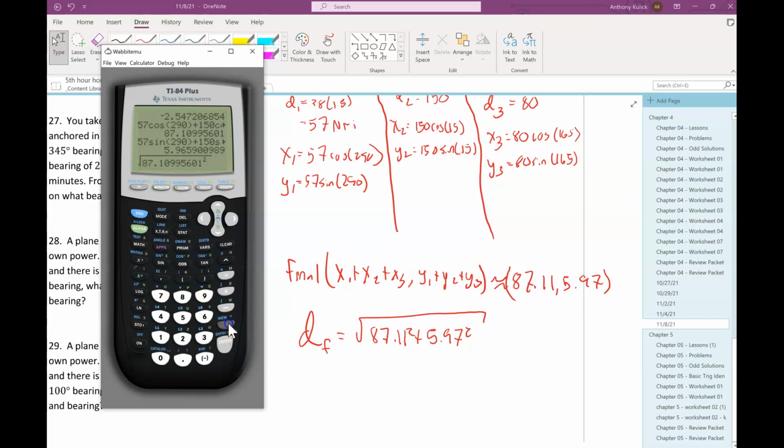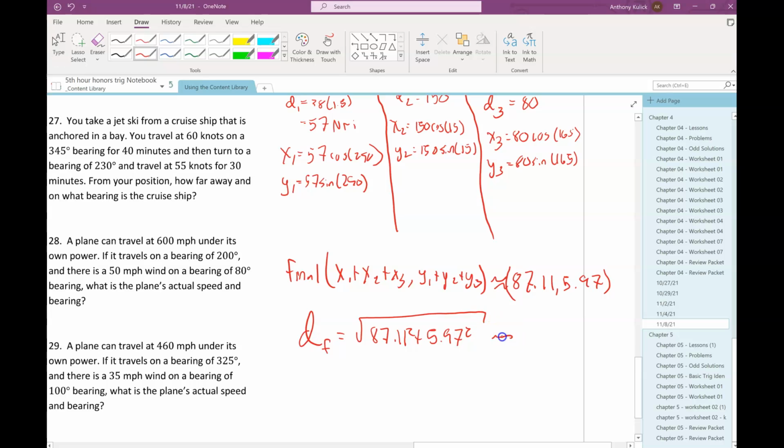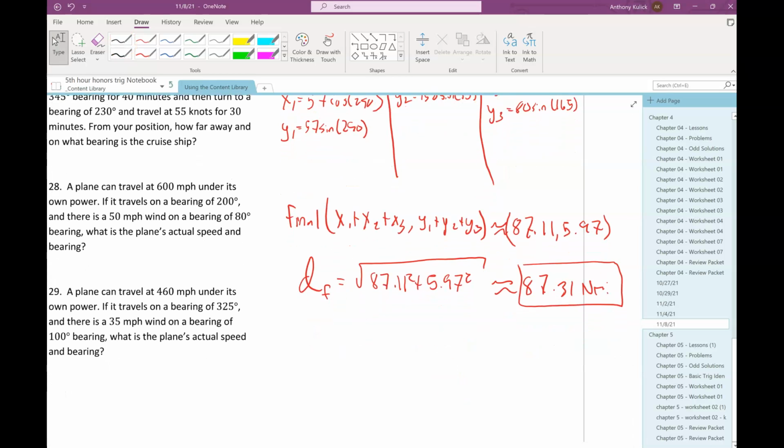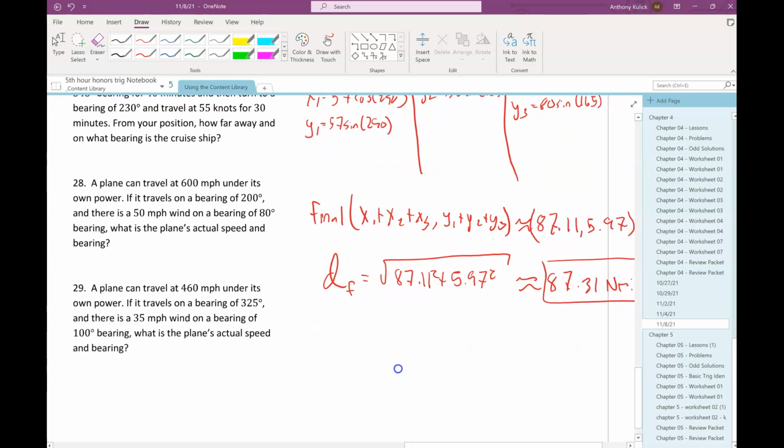So I get 87.31. And the distance there is nautical miles. And then the bearing, is that the other thing it asks for? Yeah.